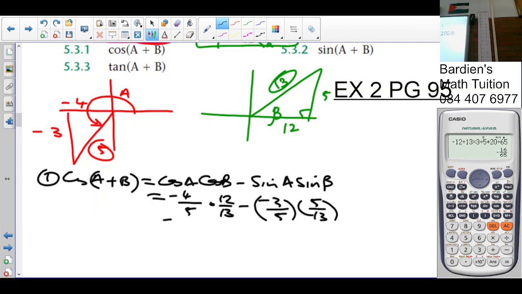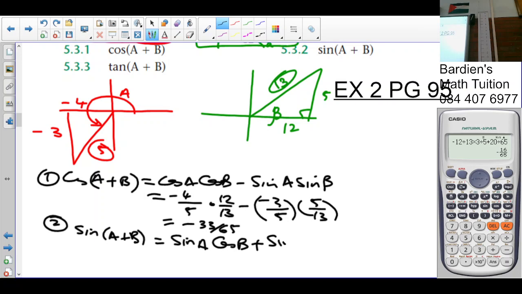Somebody give us the answer to this. Negative 33 over 65.